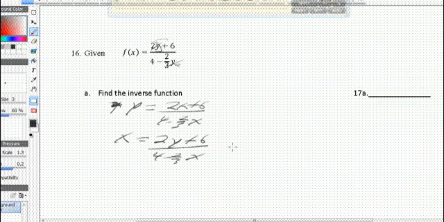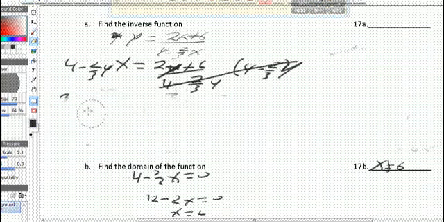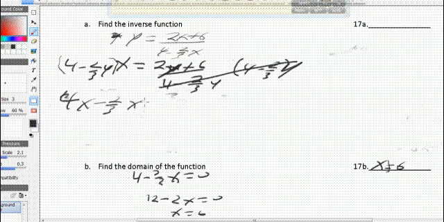We did this one in class. You've got a fraction, so give everybody some 4 minus 2/3 x. When you multiply this right here, you should have a 4x minus 2/3 xy equals 2y plus 6.